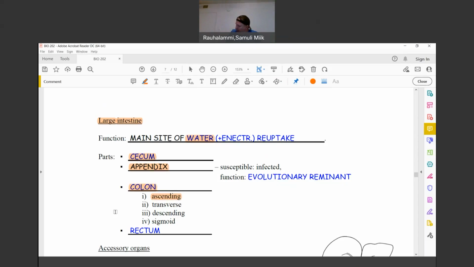Then from the superior portion on the right side of the abdominal cavity, traveling to the left side is our transverse colon. Coming down on the left side from superior to inferior is our descending colon. And finally, the sigmoid colon forms almost an S-shaped structure before we reach the rectum and anus.